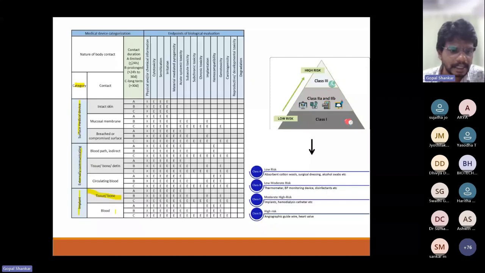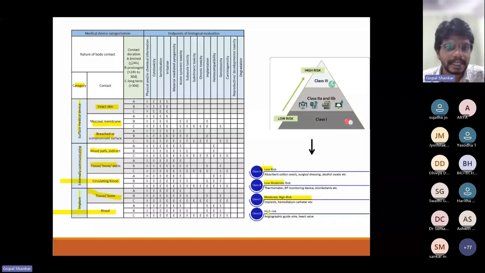In terms of external communicating, you have tissue, bone, and dentin, blood path, and indirect. In terms of surface, intact skin, mucosal membrane, and the breached or compromised surfaces. And these ABCs are the classification of risk, whereas A comes under low risk, B comes under moderate risk, C comes under moderate high risk, and D comes under high risk.